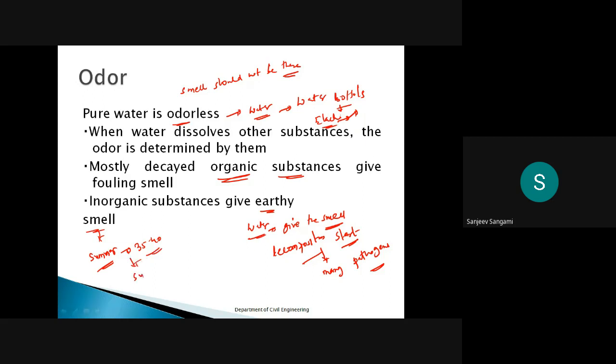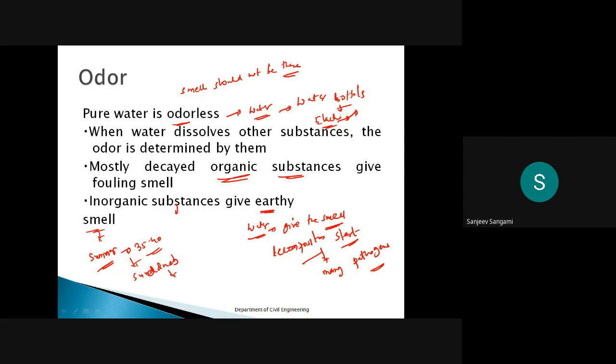Suppose suddenly the rain comes, then you can find some smell. That smell is called an earthy smell. It comes from the dust particles present on the earth, since previously the rainfall had not happened. That is specially due to the inorganic substances.